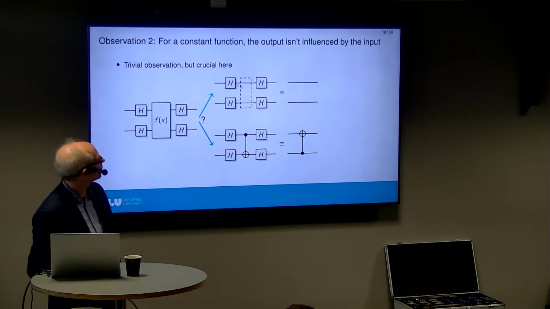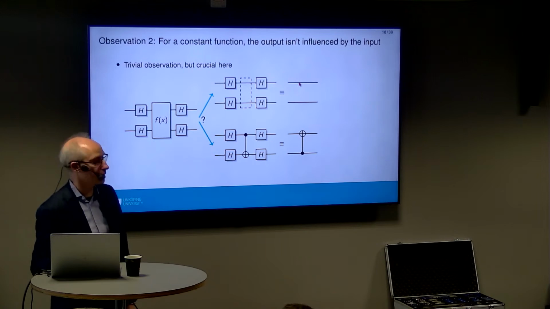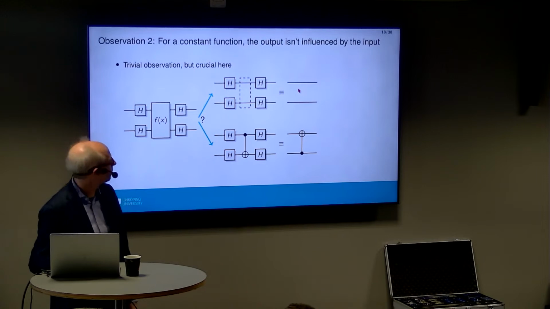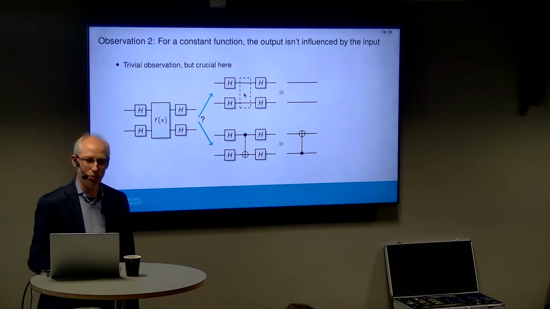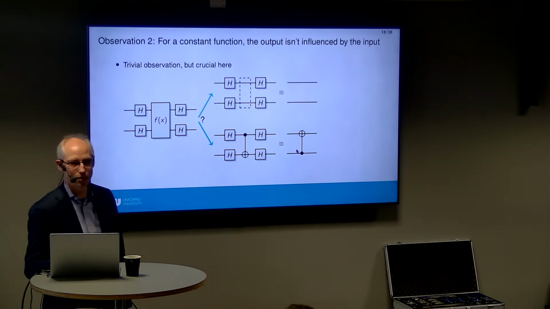If I put Hadamard here, well, I'll change from 0 to plus and then back to 0. Nothing happens, right? So just as if I had nothing. Yeah? A constant function is constant. It's a trivial observation. A balanced function does something. And when I put these gates, it turns upside down.